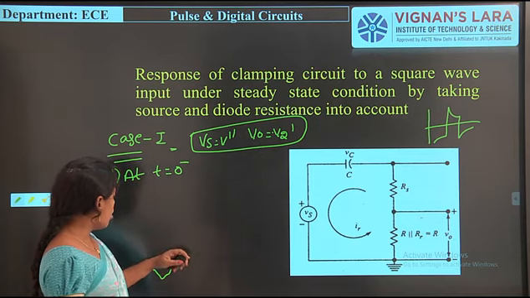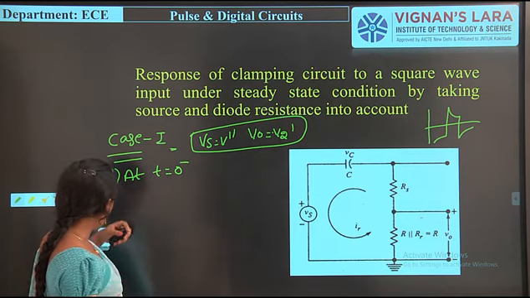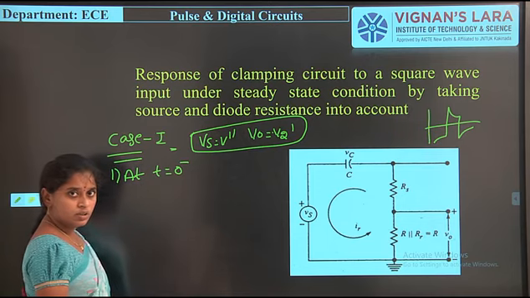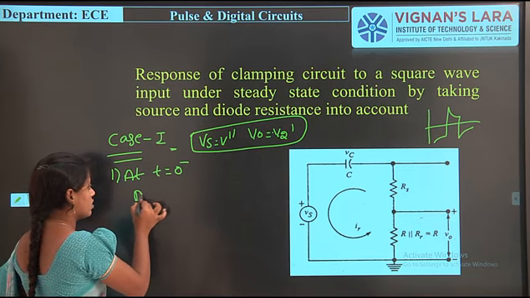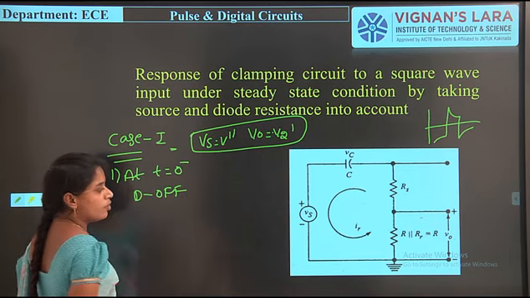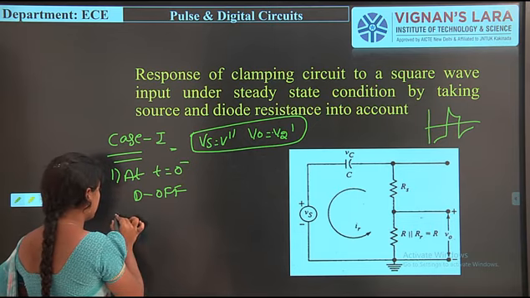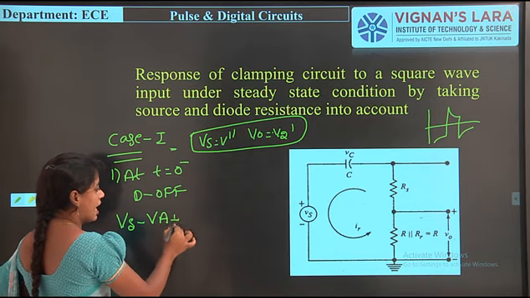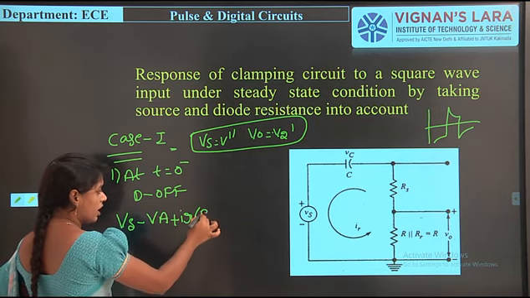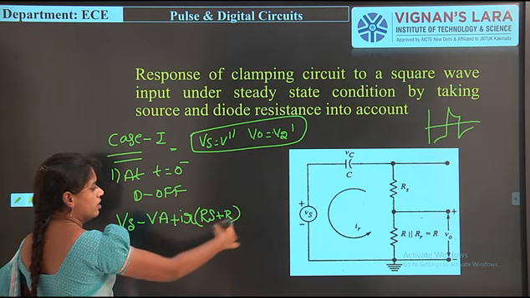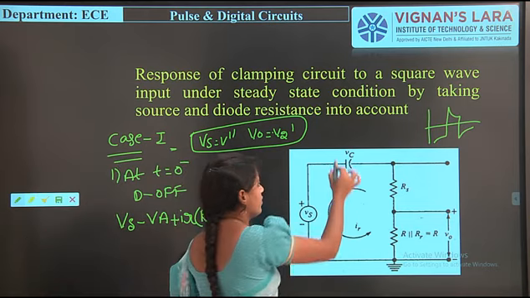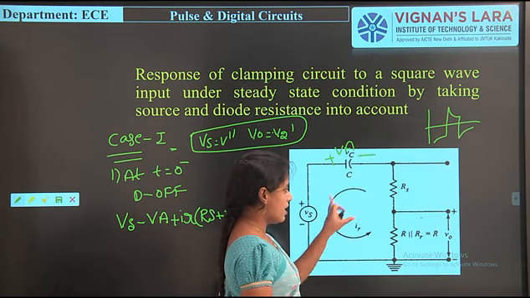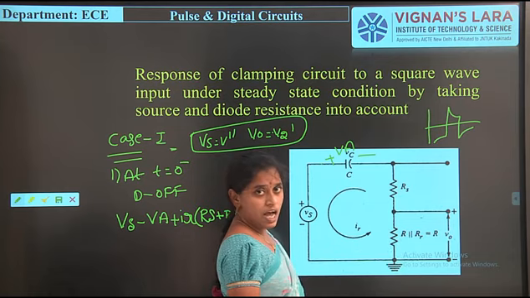So at the t is equal to 0 minus condition, we have to observe the output waveform and the conditions by applying KVL to this circuit. In this time the diode is off and the circuit will be like this. Applying KVL to this circuit, it becomes Vs minus Va plus IR into Rs plus R, which is equal to 0.